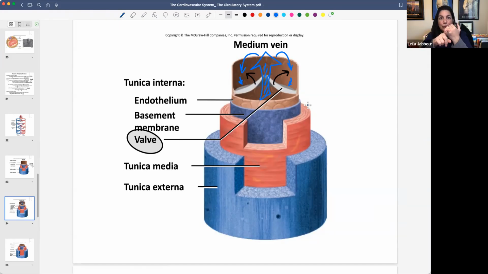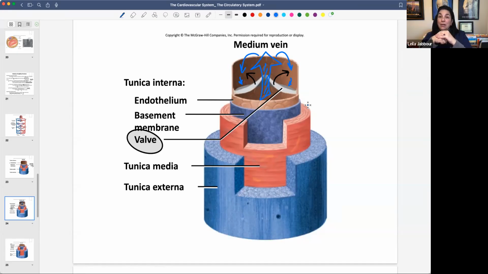So skeletal muscles do that squeezing. The second thing is the milking effect, a process with the involvement of smooth muscles. It can also be smooth muscles contracting to move the blood upwards. So it's like a milking effect, flip, flip, flip, flip, like this, and the blood is going to keep going upwards, upwards, upwards.